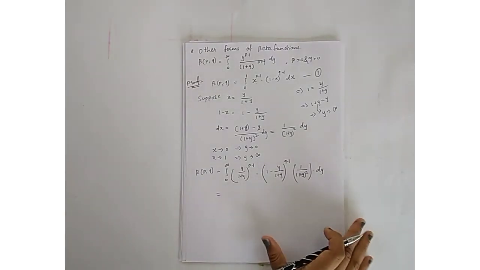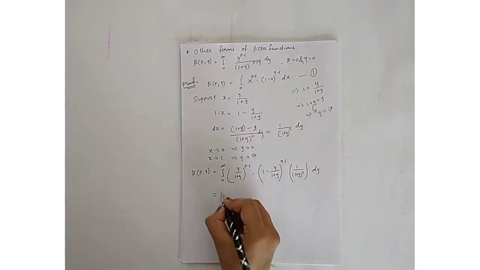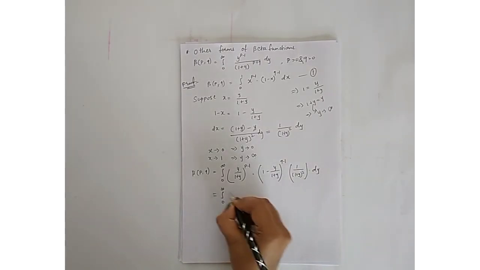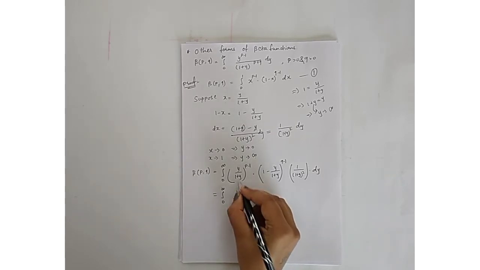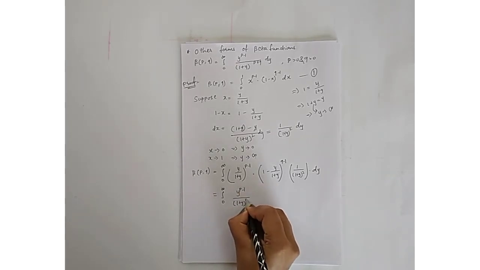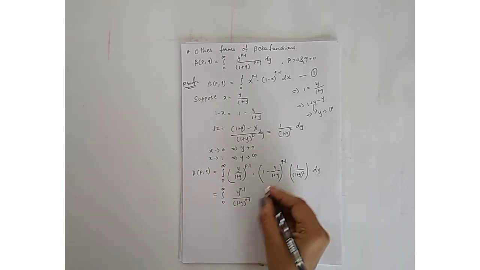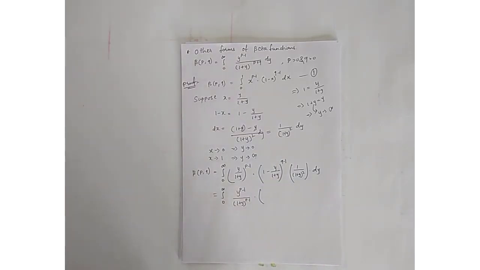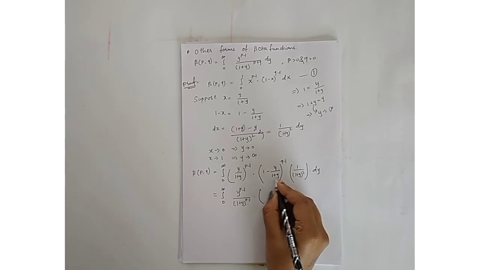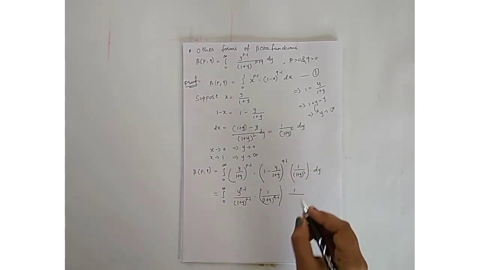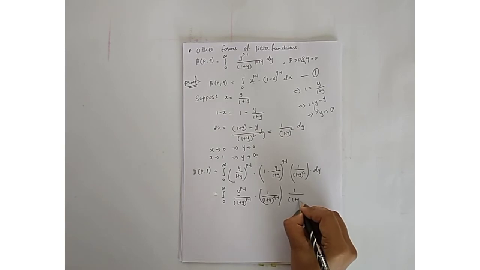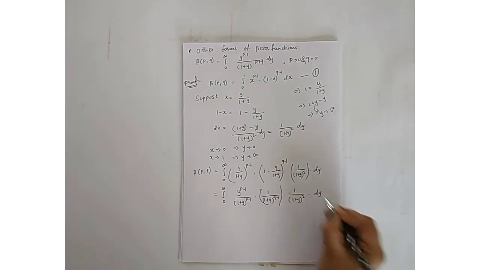So it is equal to the integration with limit 0 to infinity y to the power p minus 1 upon (1 plus y) to the power p minus 1. Simplifying this term, it becomes (1 plus y minus y), so 1 upon (1 plus y) to the power q minus 1 into 1 upon (1 plus y) whole square into dy.